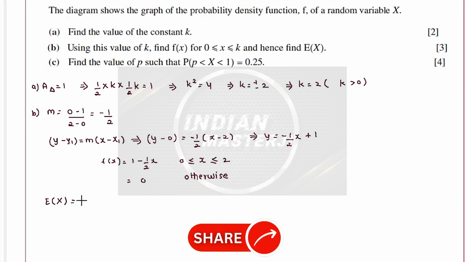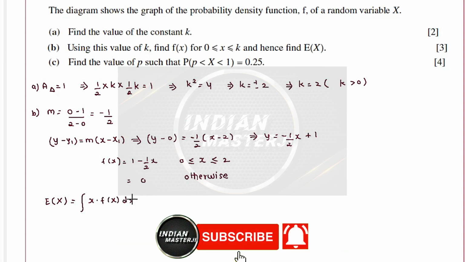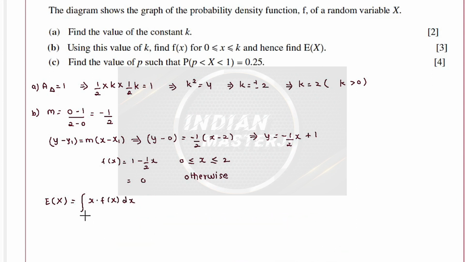That is, the expectation of x will be equal to the integral of x into f of x with respect to x for the values of x for which f of x is defined, that is from 0 to 2 here, correct? So this will be equal to what? Integral of x into (1 minus half of x), integrating this with respect to x, and x is varying from 0 to 2.